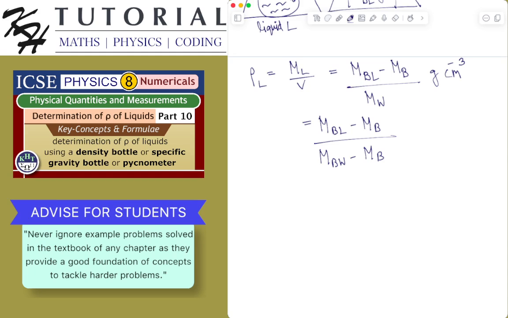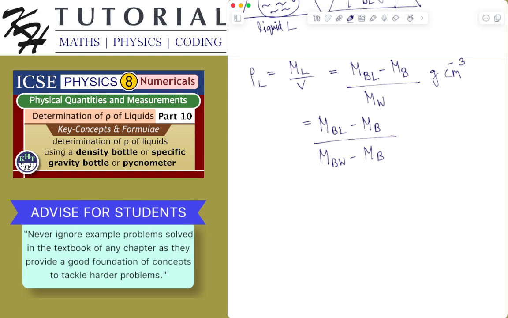Now the catch is that the mass of the water completely filling the density bottle is also equal to the volume of the density bottle, which is also equal to the volume of the liquid. So that is the catch. This is why this formula will work. So if you can remember it, it is fine.